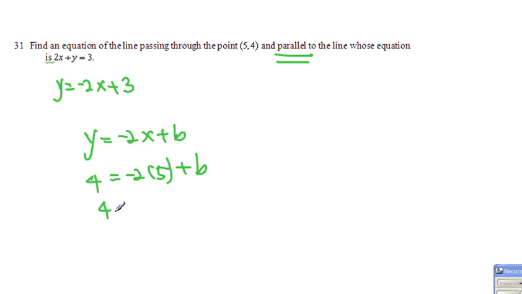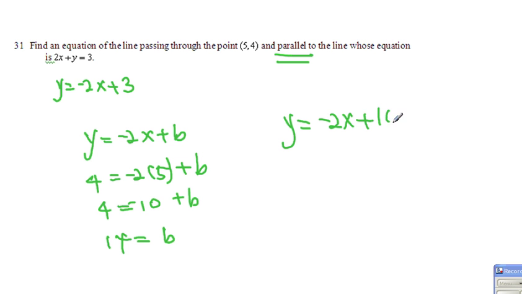And here we have 4 equals negative 10 plus b. b is equal to 14. Alright, so therefore our final answer is y equals negative 2x plus 14.